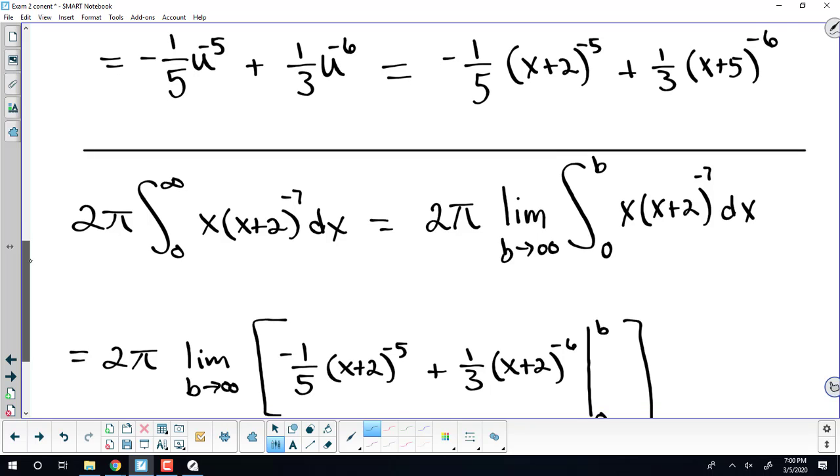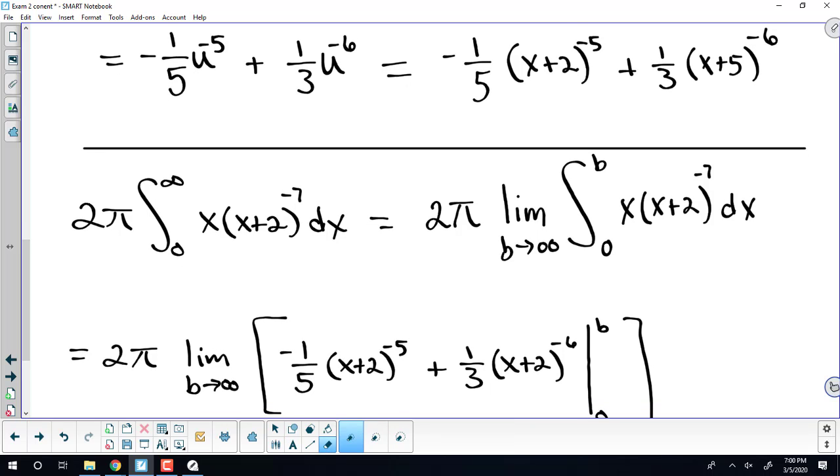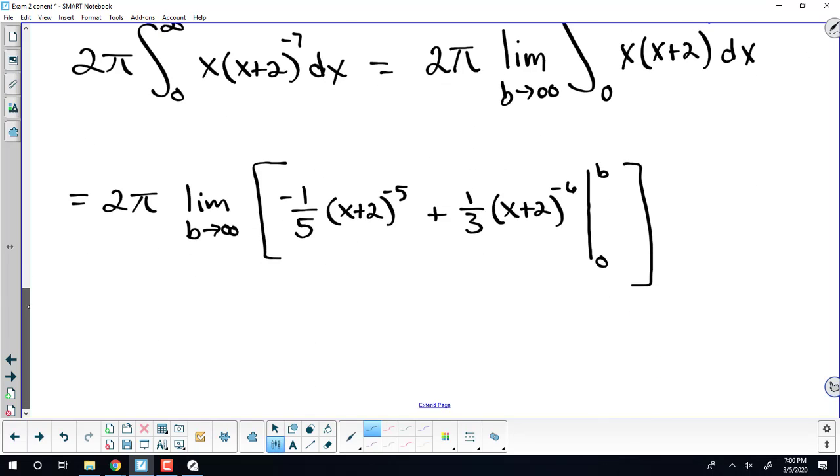Oh, I don't know why I wrote x plus 5 over there. Still just x plus 2. Okay, so there's the antiderivative evaluated from 0 to b.